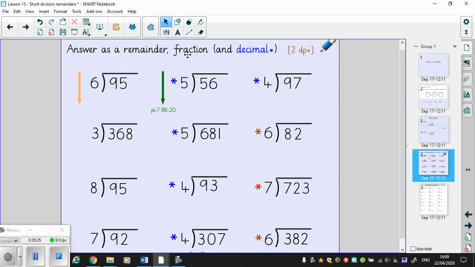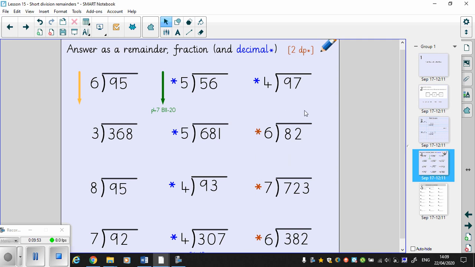All of the questions answered with a fraction, so our remainder over 6, our remainder over 3, our remainder over 8, and so on. And the ones with a blue star written as a remainder, as a fraction, and as a decimal, and the ones with a brown star written with a decimal to 2 decimal places.